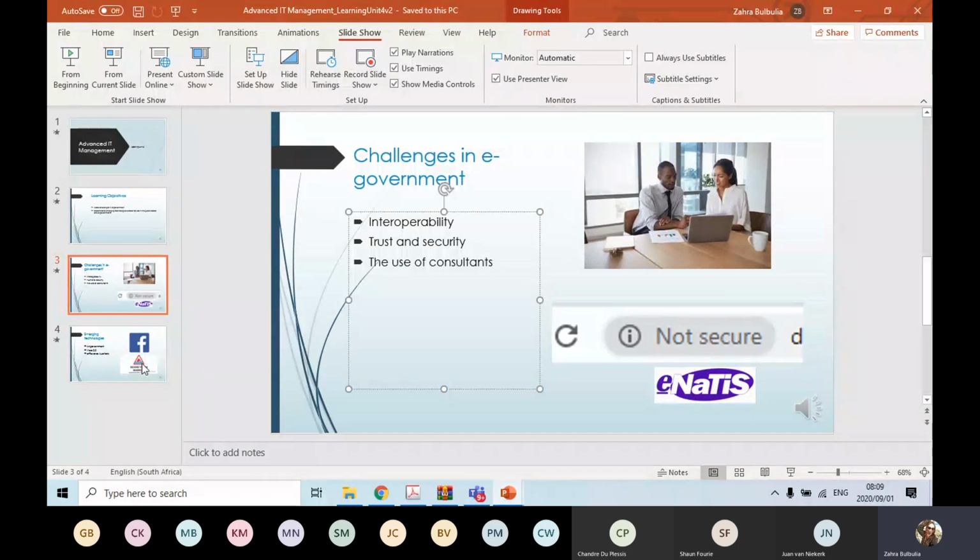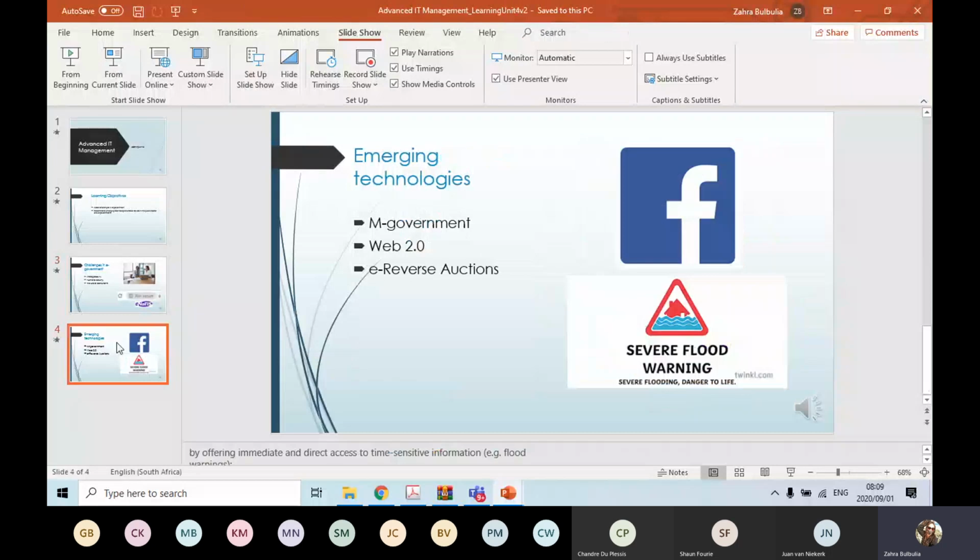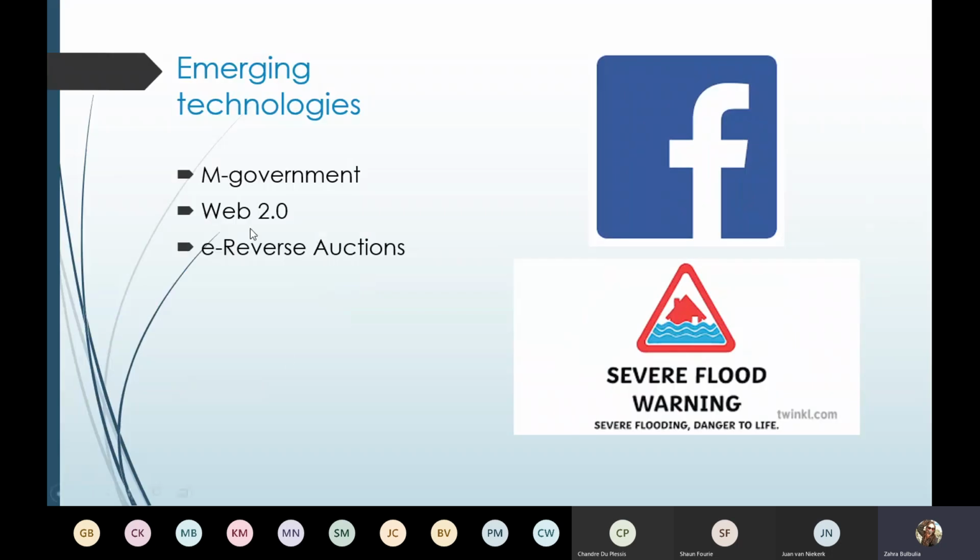So we're going to just move on a bit and talk about emerging technologies that probably assist with e-government or have assisted with e-government. In terms of emerging technologies in e-governance, we've got m-government, which is mobile government, because of course of the ubiquitous nature of mobile devices at the moment.